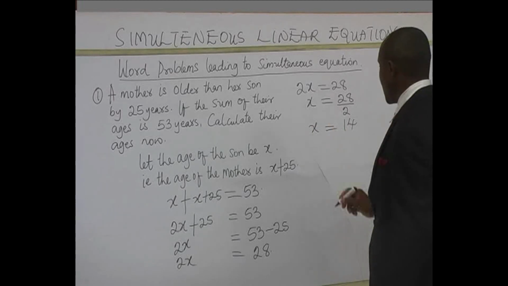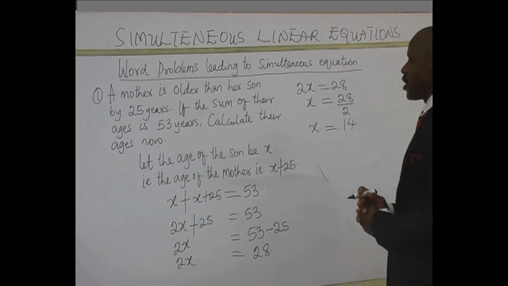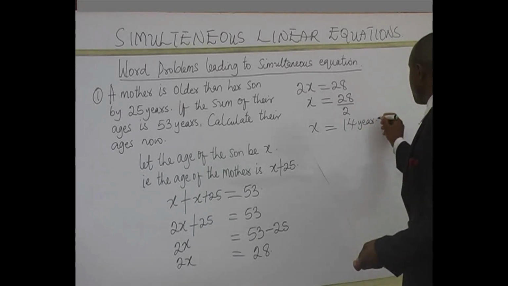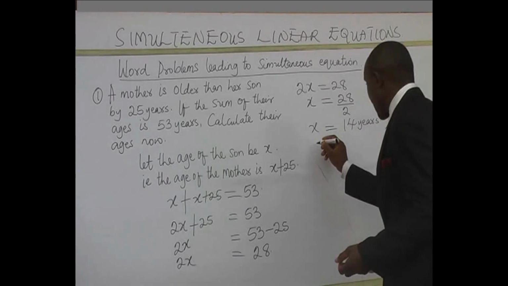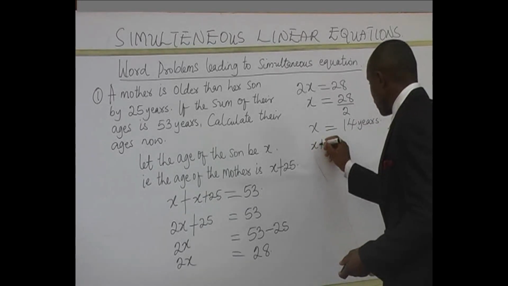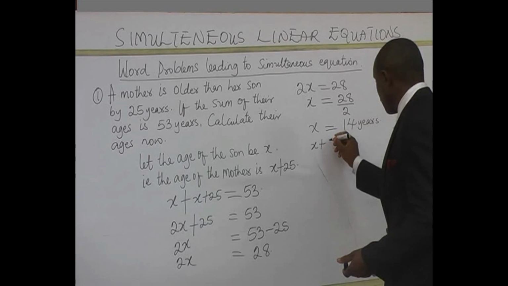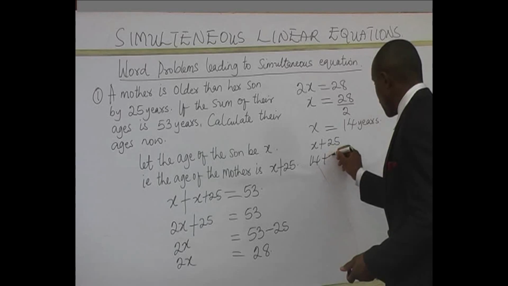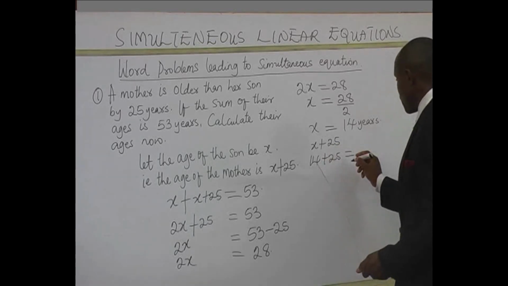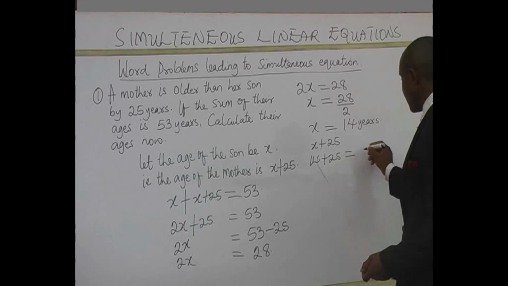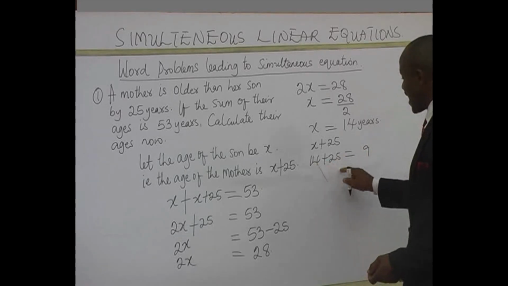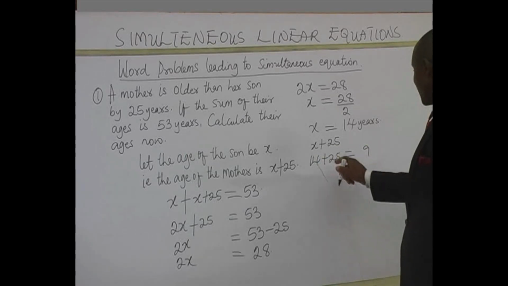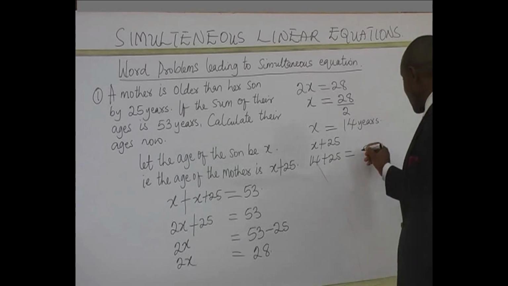That means x, the age of the son, is 14 years. If his age is 14 years, the age of the mother will be x plus 25, which is 14 plus 25. 4 plus 5 is 9, whereas 1 plus 2 is 3.